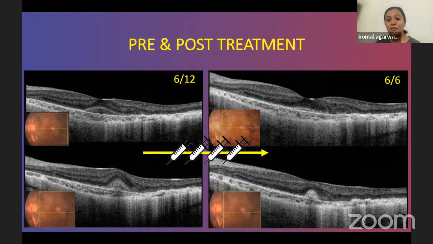And that is something most of us, while we are discussing cases here, tend to overlook or not really discuss, how difficult it actually is to get a good OCTA without artifacts if the patient does not have a good central fixation.